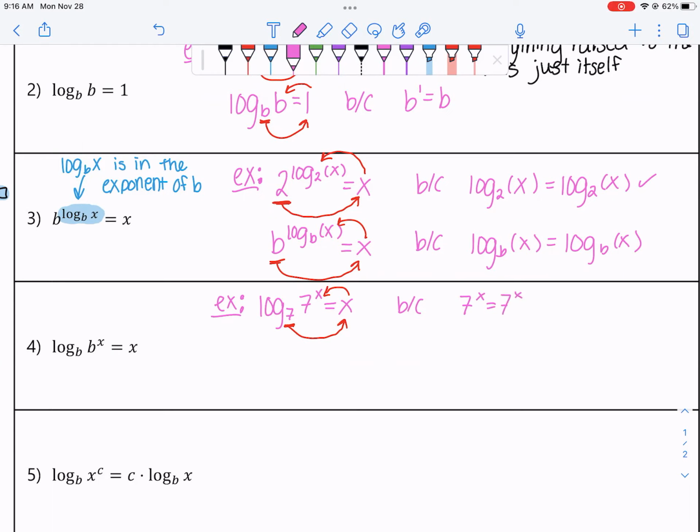Yeah, that all checks out. 7 to the x is 7 to the x. This is true because when we rewrite it, it comes from a true statement in the first place. Rewriting the statement 7 to the x equals 7 to the x as a logarithm results in this statement right over here. So going in the backwards direction, we get the same thing.